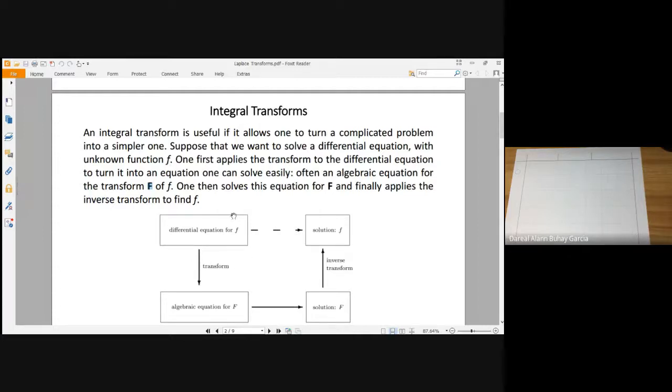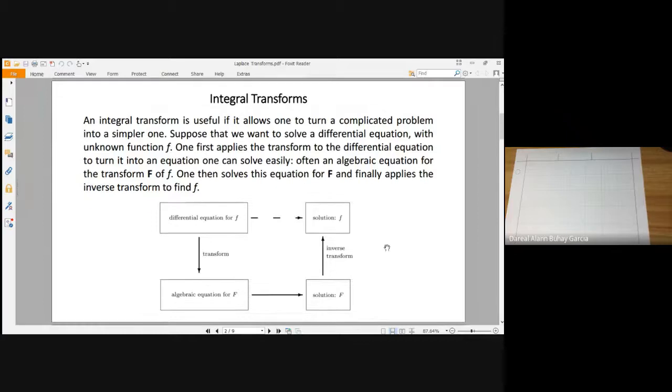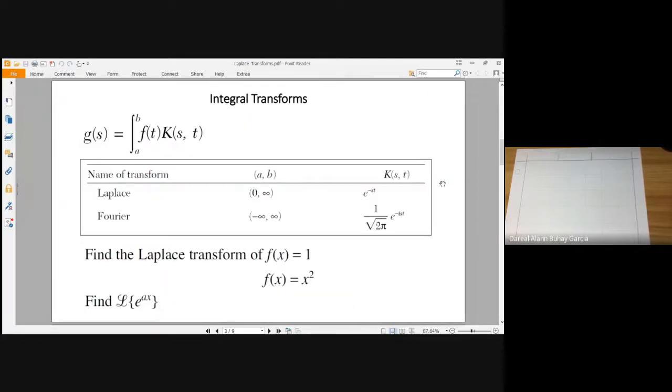So how do we go about doing this? We explain further in the next slides. So there are many different names for integral transforms. This is the general notation. G of s, meaning this is the function that is already transformed.